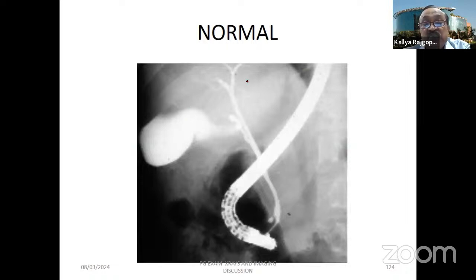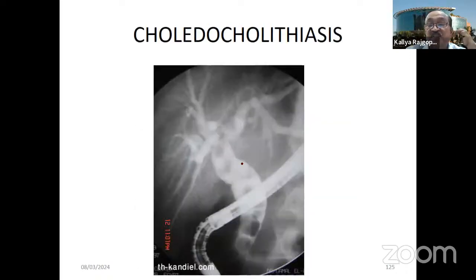Now, if you use the endoscope, you can see the scope first, whenever you identify an X-ray. Retrograde cholangiopancreatography. Here, of course, the pancreas is not visualized properly, but you can see a cystic duct here, and you can see the gallbladder. You can see left hepatic and right hepatic duct. Now, what does this picture show?